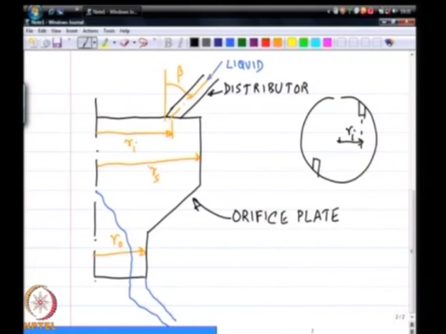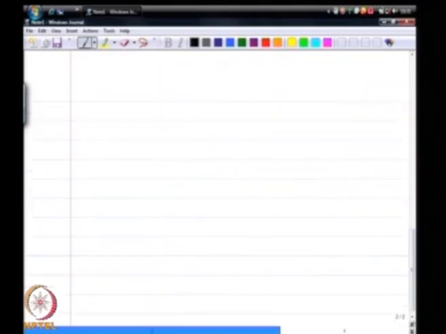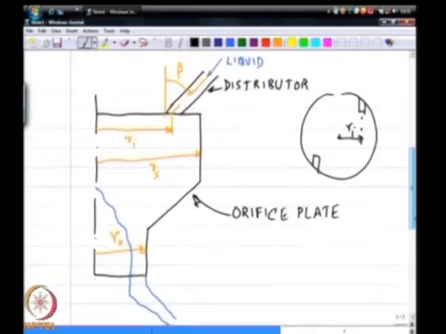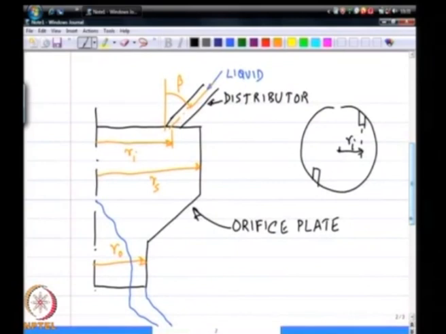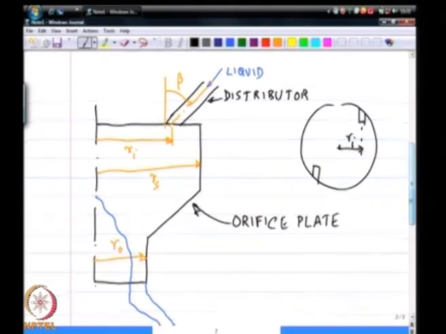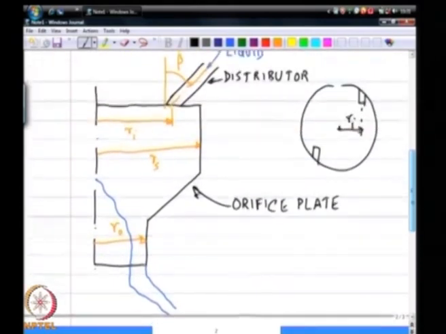Now, I have shown the swirl chamber here to be slightly larger than R I itself. So, the distributor slots are not exactly at the very tangential edge of the swirl chamber, which is more like a practical situation.